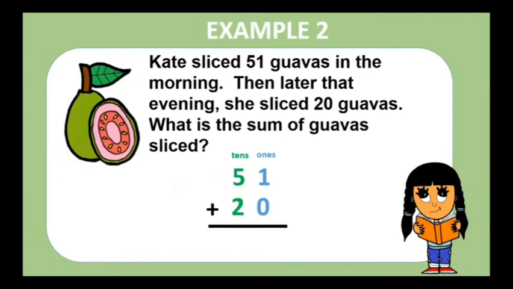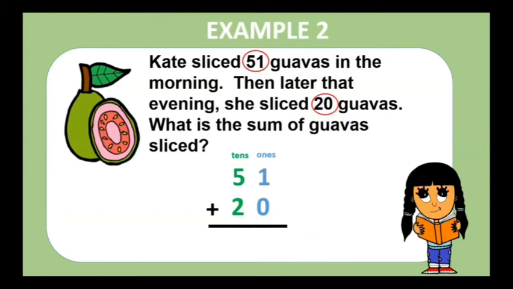Let's take the other example. Kate sliced 51 guavas in the morning, then later that evening she sliced 20 guavas. What is the sum of guavas sliced? Children, here we have two numbers, that is 51 and 20.